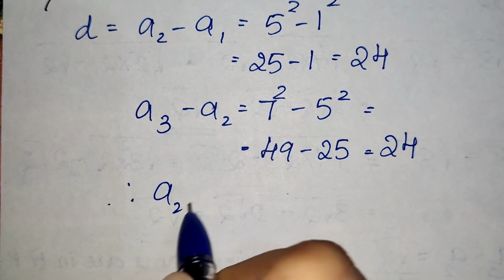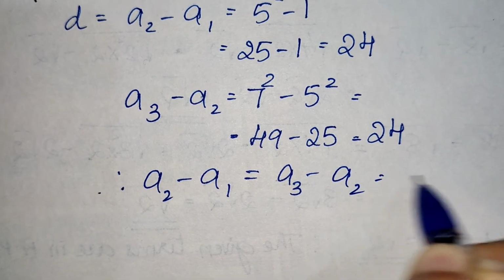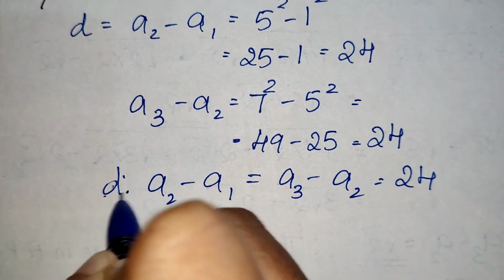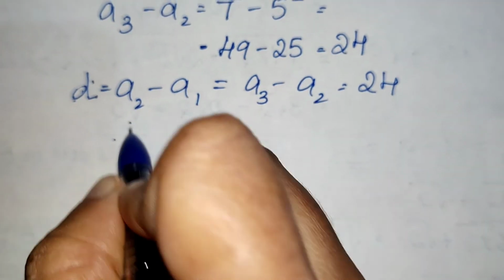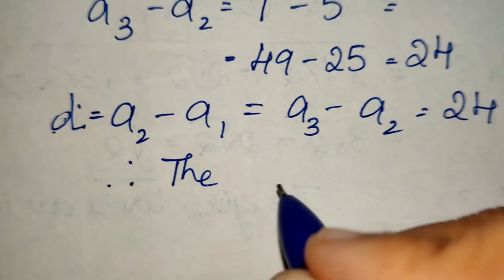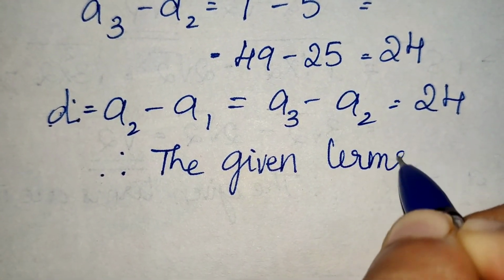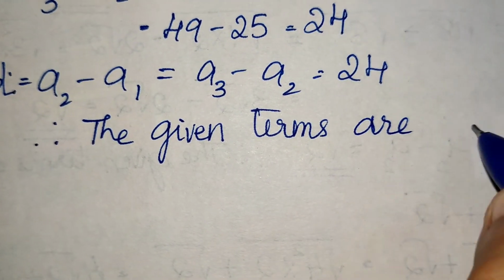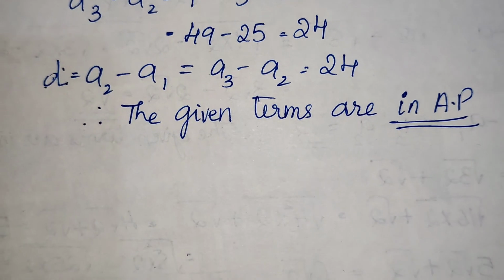Therefore A2 minus A1 is equal to A3 minus A2, that is equal to 24. So that is our D. Therefore the given terms are in AP.